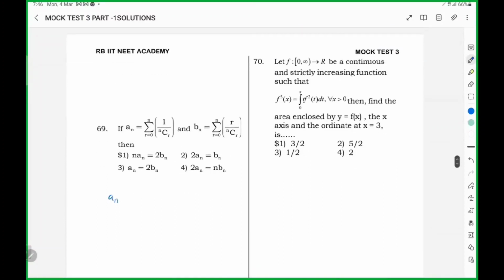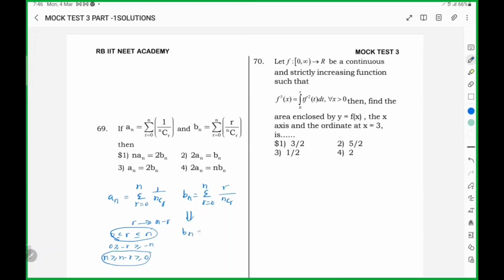Here An will be the sum over r equal to 0 to n. If you replace r with n minus r, there is no change in the limits, because when r lies between 0 and n, n minus r also lies between 0 and n. The r limits and n minus r limits are the same.